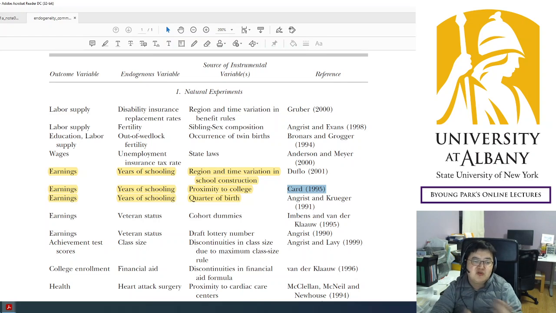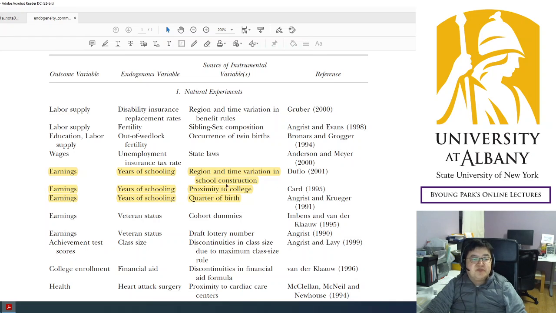If that's the case, then proximity to college cannot be an instrument. It is not independent of the unobserved variable.